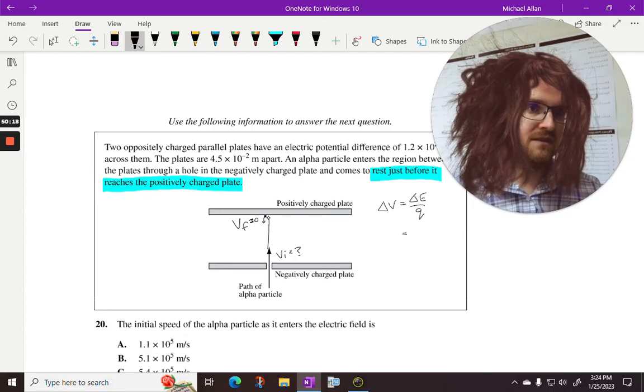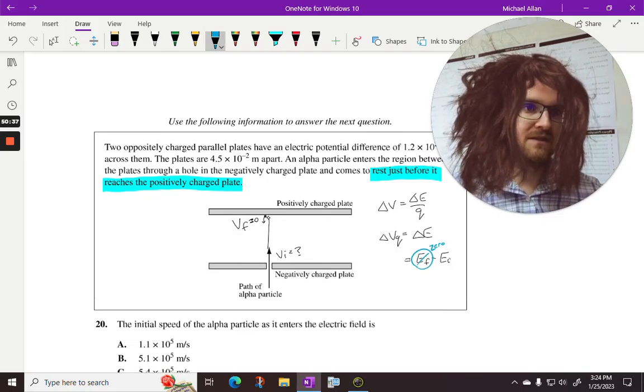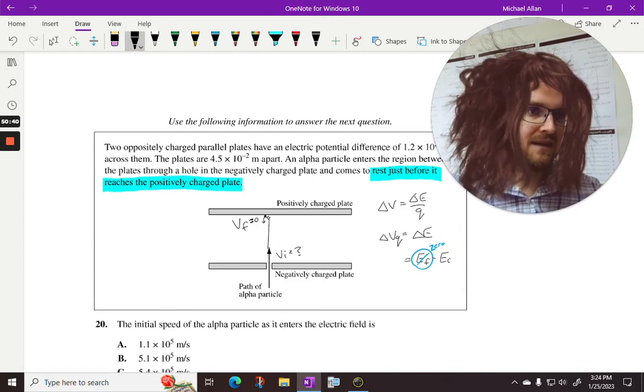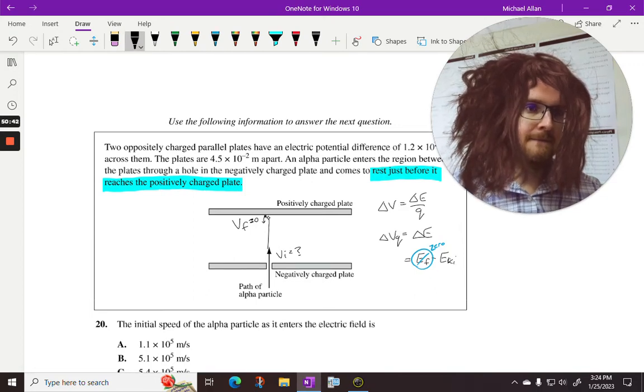We know our final is 0, so I can rearrange this formula. So delta E times the Q. This is going to be final minus my initial, but the final is 0 because my VF is equal to 0. So let's assume this is EK. I can find my EK initial by doing this calculation over here.